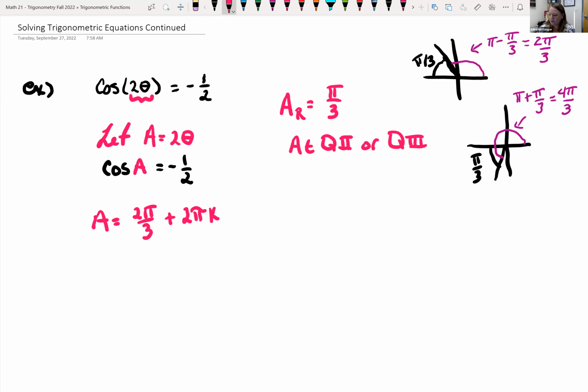If we make a full revolution from our terminal side, we get back that same terminal side, and we can make multiple revolutions and get that same terminal side. So we have to put in that plus 2 pi k there. Same sort of idea over here: A is equal to 4 pi thirds plus 2 pi k.